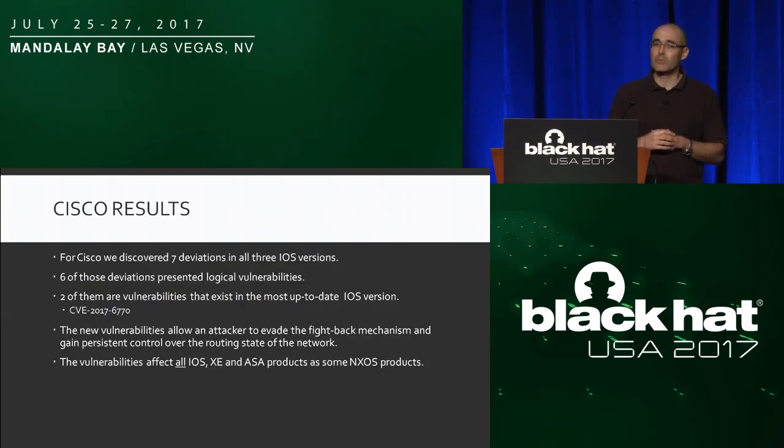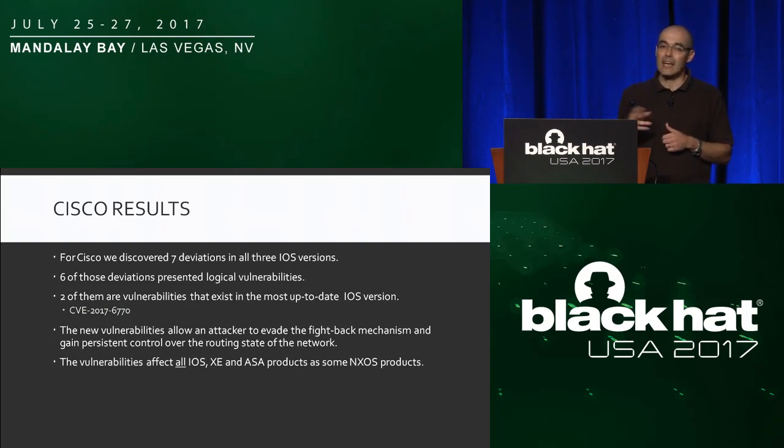And the bottom line is that we found in those test cases 7 deviations of Cisco as compared to the standard functionality. 6 of them turned out to be indeed logical vulnerabilities. 1 of them was a non-vulnerability. All the 6 that turned out to be vulnerabilities were inadvertent deviations. The one that was a non-vulnerability was actually a deliberate deviation from the standard made by Cisco.